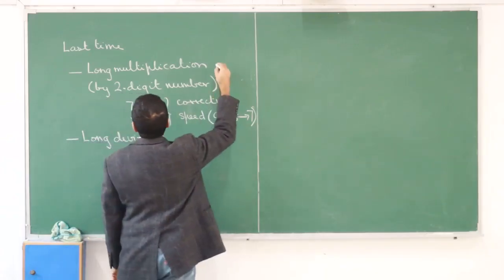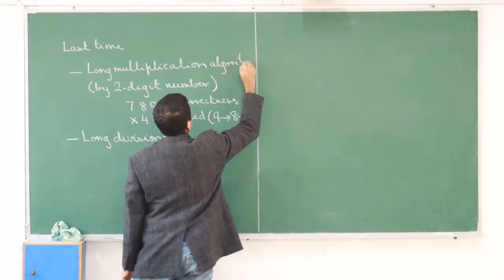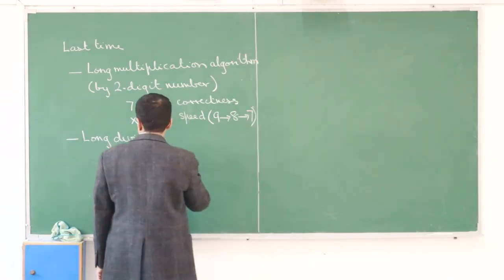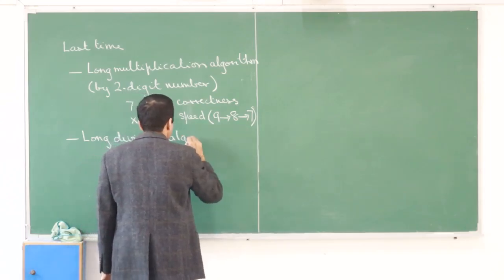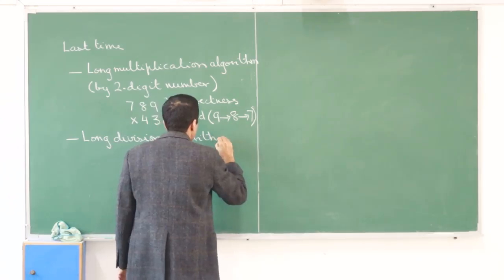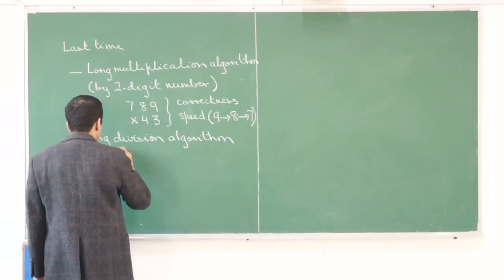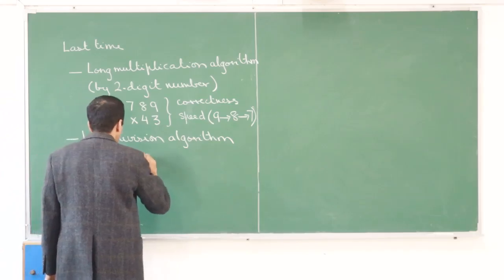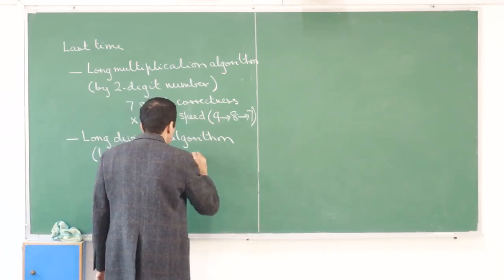Then we talked about the long division algorithm by, in particular, a single digit number, long division, and I should have said algorithm maybe. That would have been appropriate. And we did the long division algorithm by one digit numbers. We had not done two digit yet.